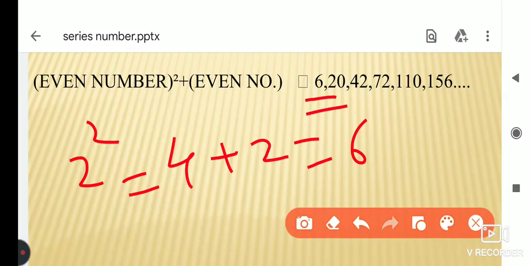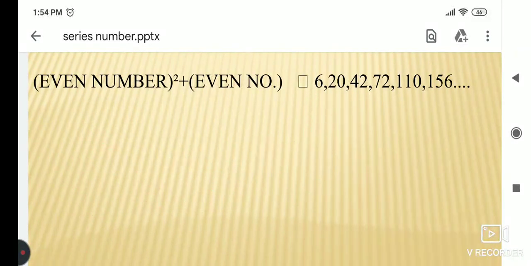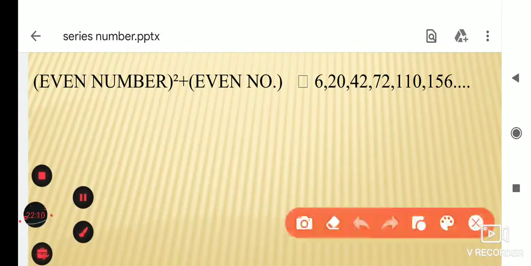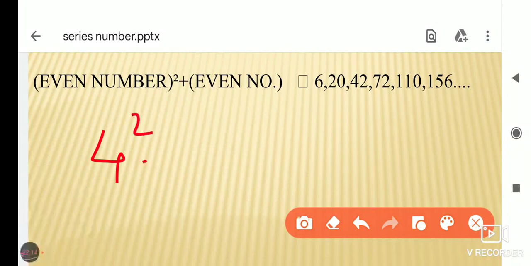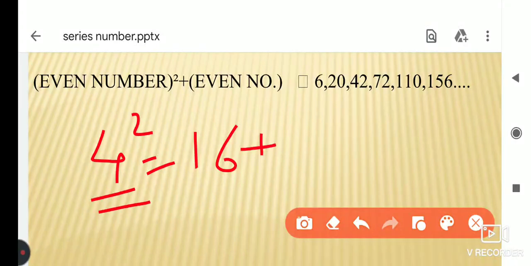The next even number is 4. The square of 4 is 16, and after that we add the even number itself, that is 4, we get the answer here, 20.